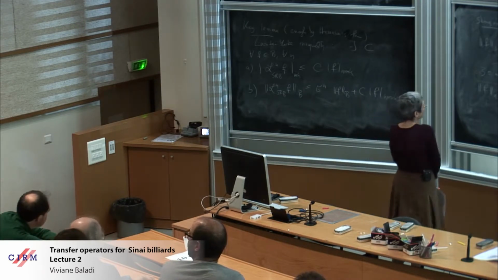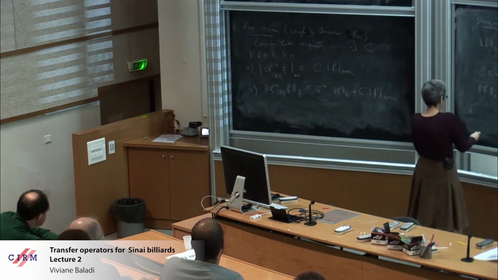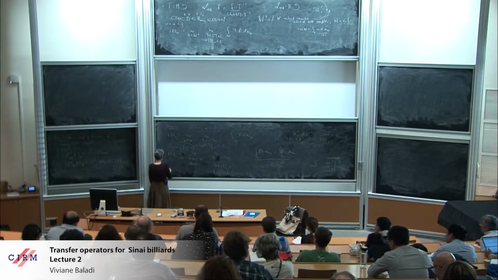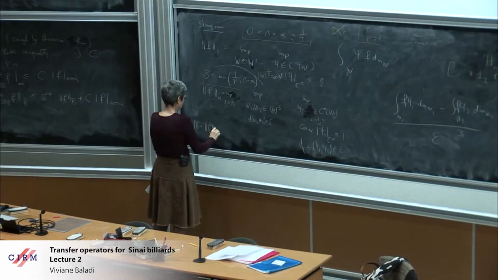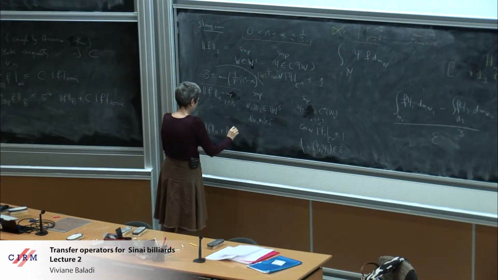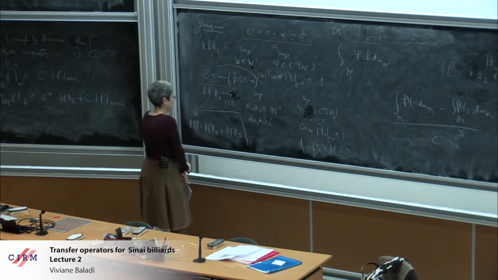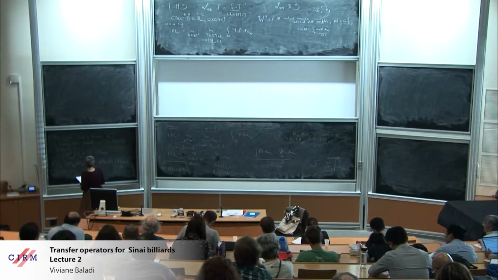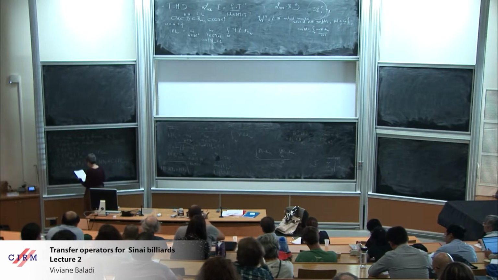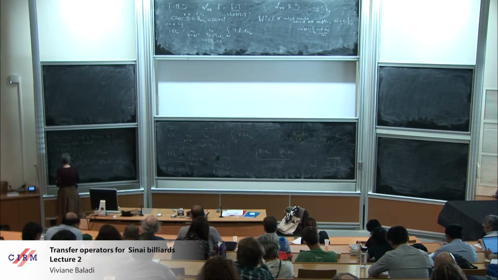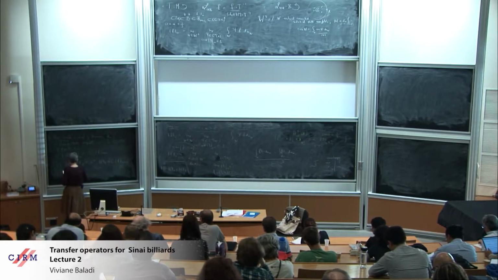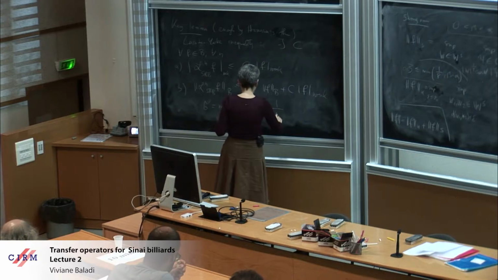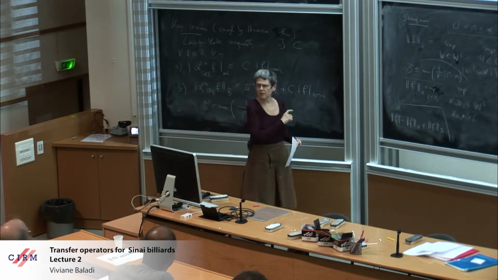The strong norm is the sum of the two norms, Fu plus Fs. So what is sigma? Sigma is strictly smaller than 1. Sigma is the maximum of 1 over lambda to the beta, 1 over lambda to the zeta. And you remember what lambda is, right?